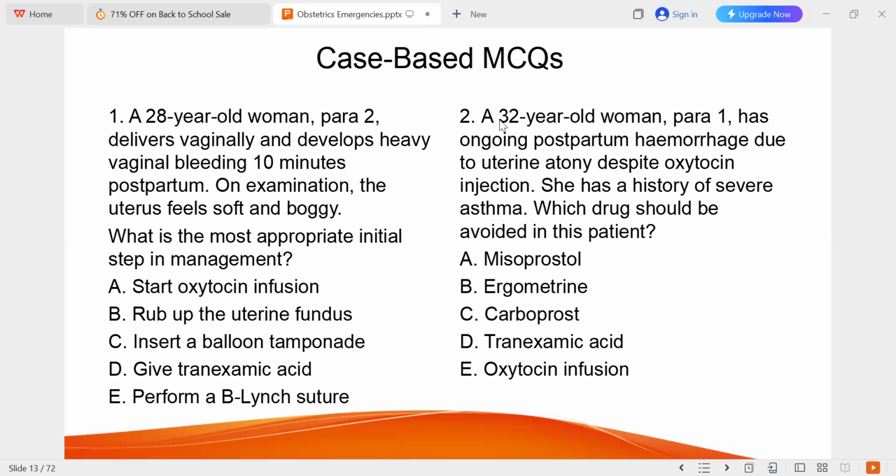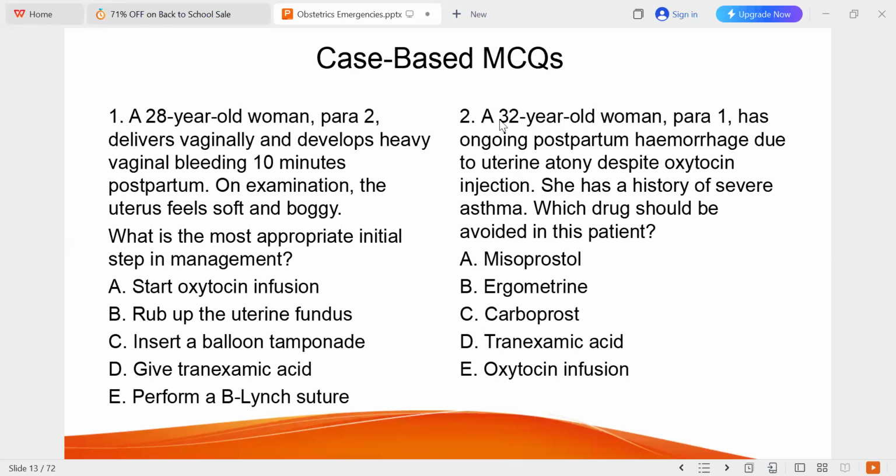A 32-year-old woman, para 1, has ongoing postpartum hemorrhage due to uterine atony despite oxytocin injection. She has a history of severe asthma. Which drug should be avoided in this patient?